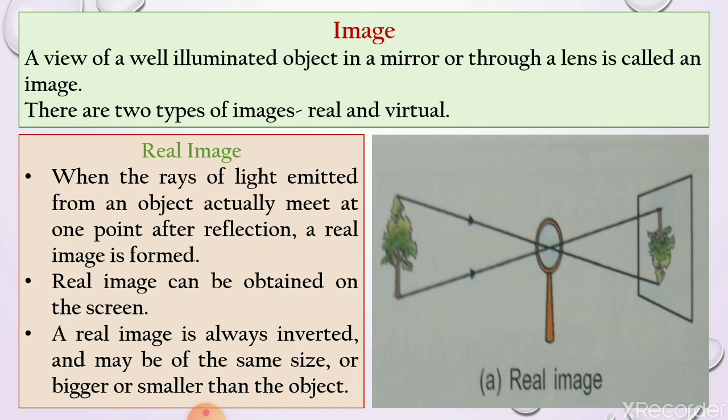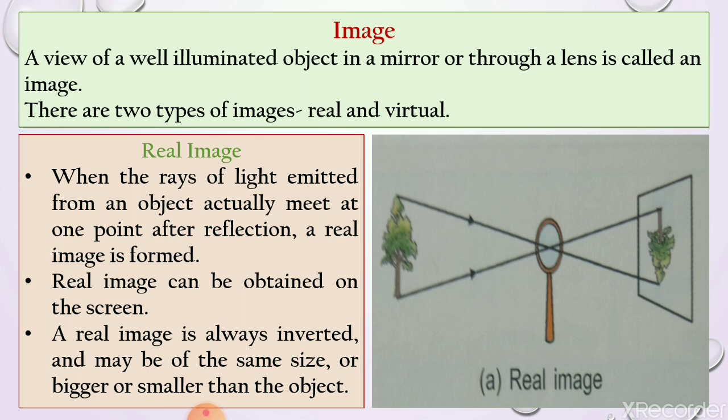So in this case real image is formed. Okay, and real image can be obtained on the screen because light rays actually pass through the screen. Okay, light rays actually pass through it, that is why it can be obtained on the screen.